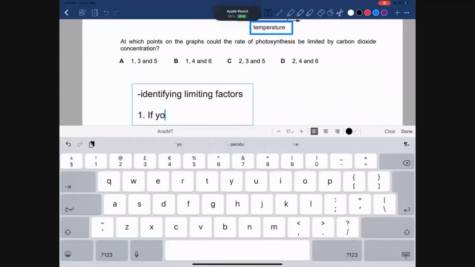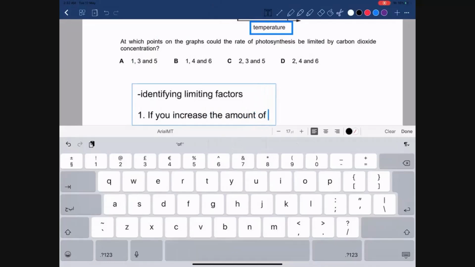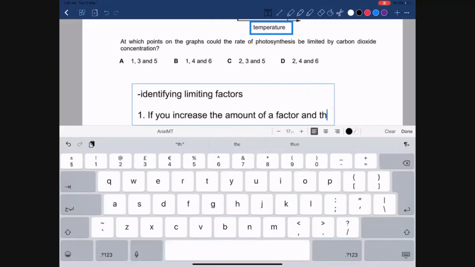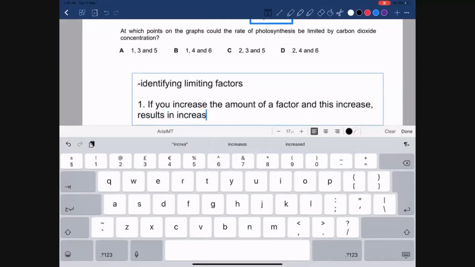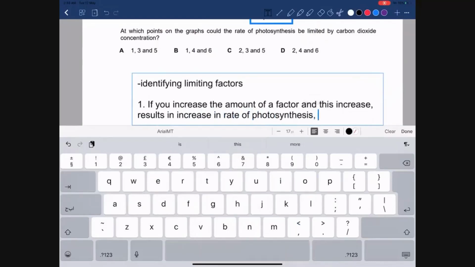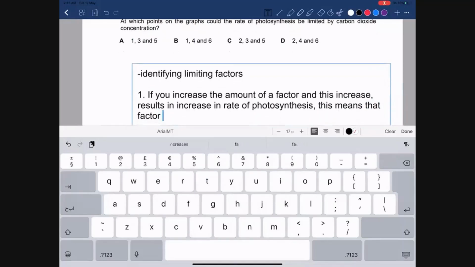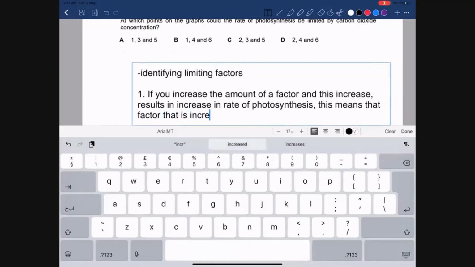If you increase the amount of a factor, and this increase results in increase in rate of photosynthesis, this means that the factor that is increased is the limiting factor.